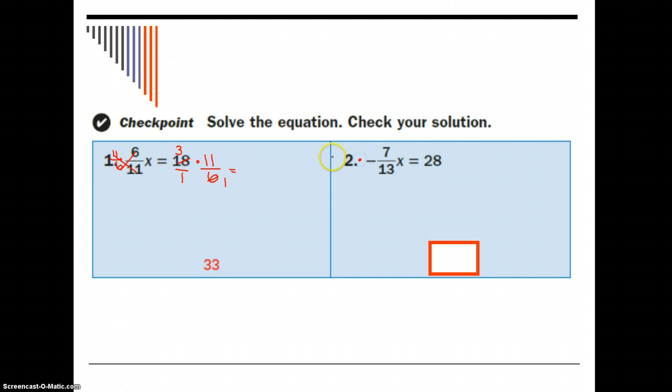Number 2, you do want to multiply by the negative 13/7. 7 and 28 divide out. Four times -13 is -52.